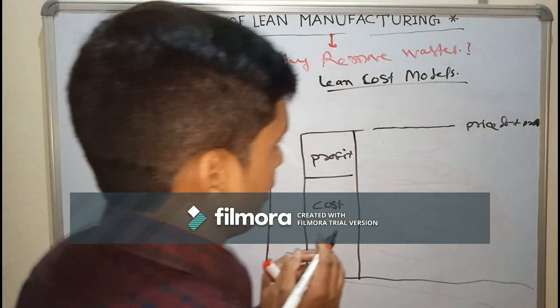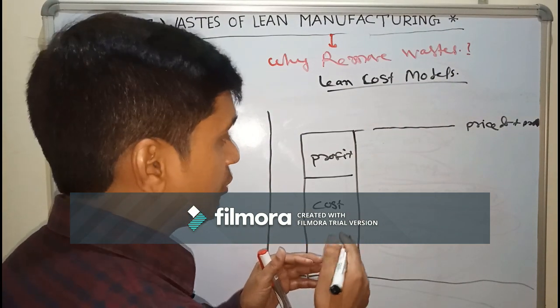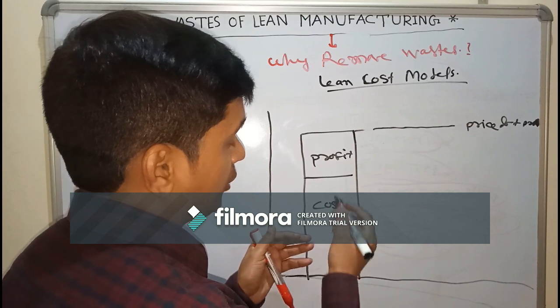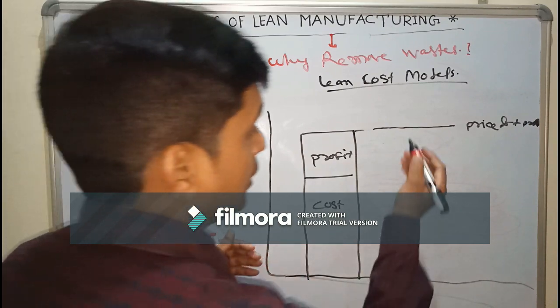This is the old model. In the old model, you would add more profit on the base of your cost, and your gain is profit. But nowadays it is totally different.